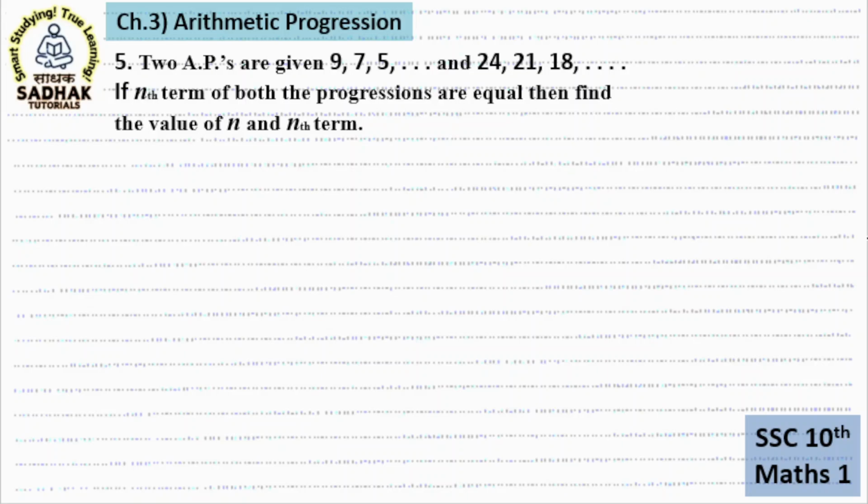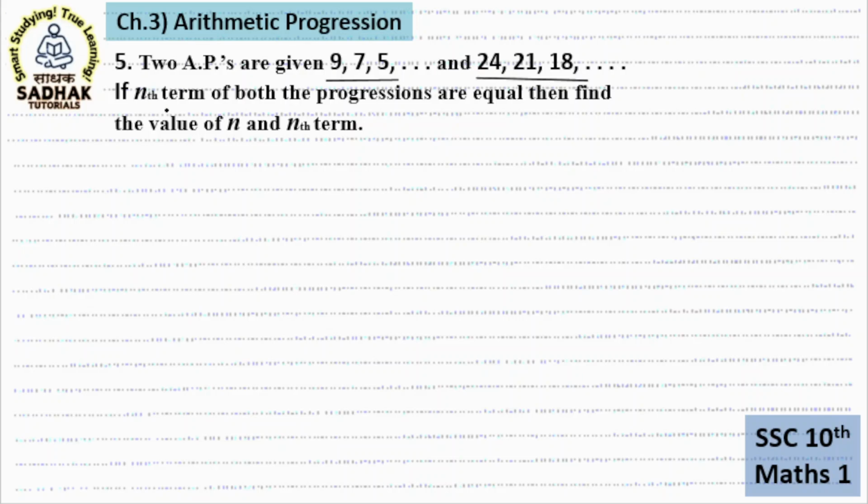So let us start solving question number 5 from the problem set. In this, they are saying that two APs are given. First AP is 9, 7, 5, and the second AP is 24, 21, 18.